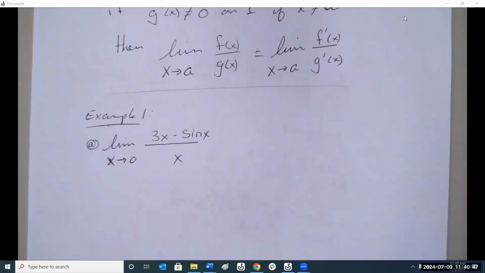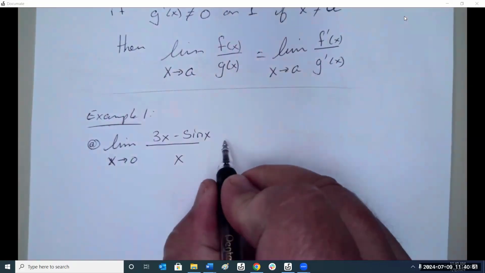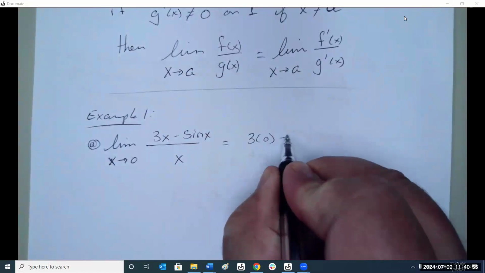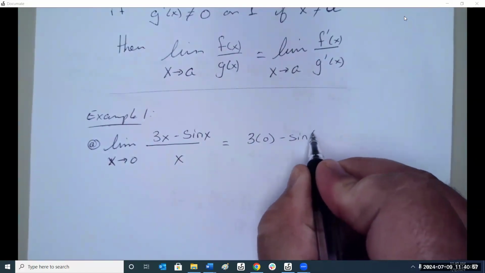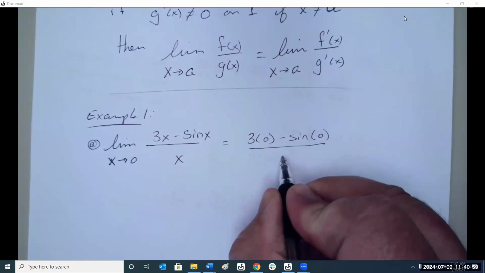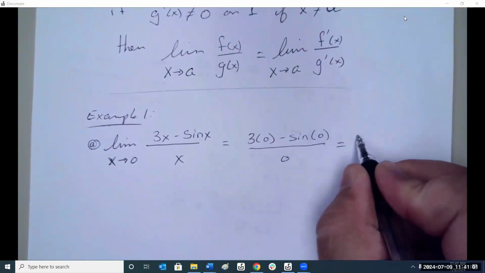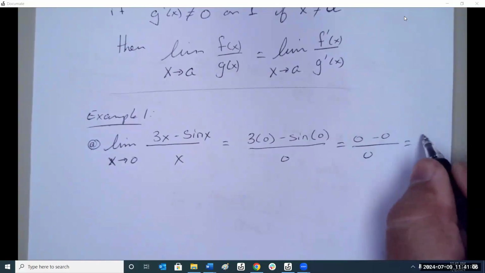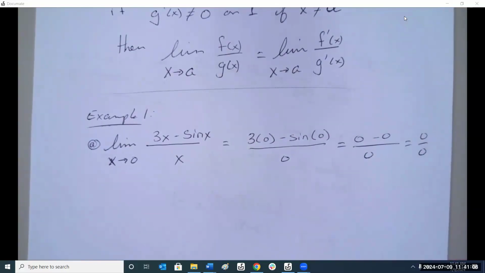In chapter 2, what was the first thing we do? Nope. First thing we do is plug in 0. Three times 0 is 0. Sine of 0 is 0 over 0, so we get 0 over 0.